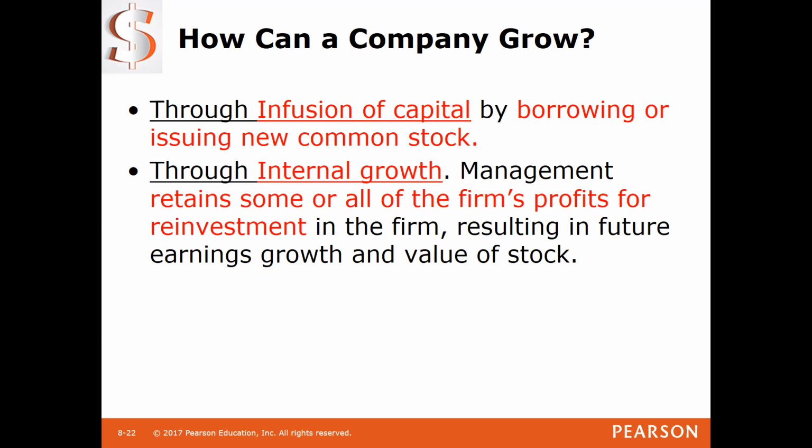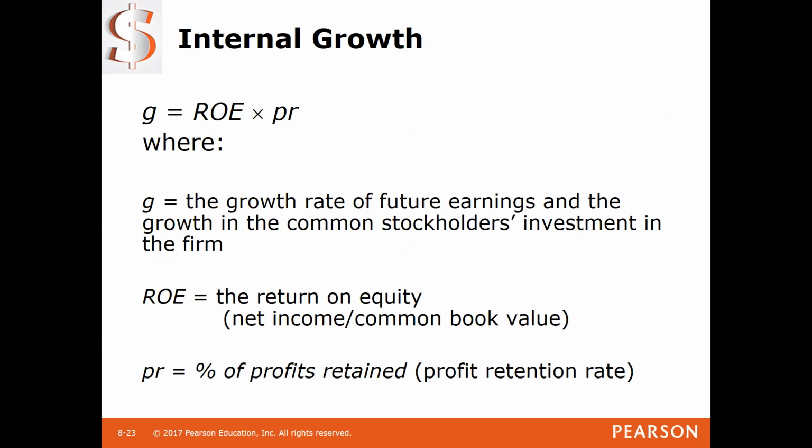So related to this, let's try to understand three concepts. The G, or the growth rate. The G, which is very common in valuation formulas, is the growth rate of future earnings and the growth in the common shareholders' investment into that company. ROE, which is a common accounting ratio, stands for return on equity.